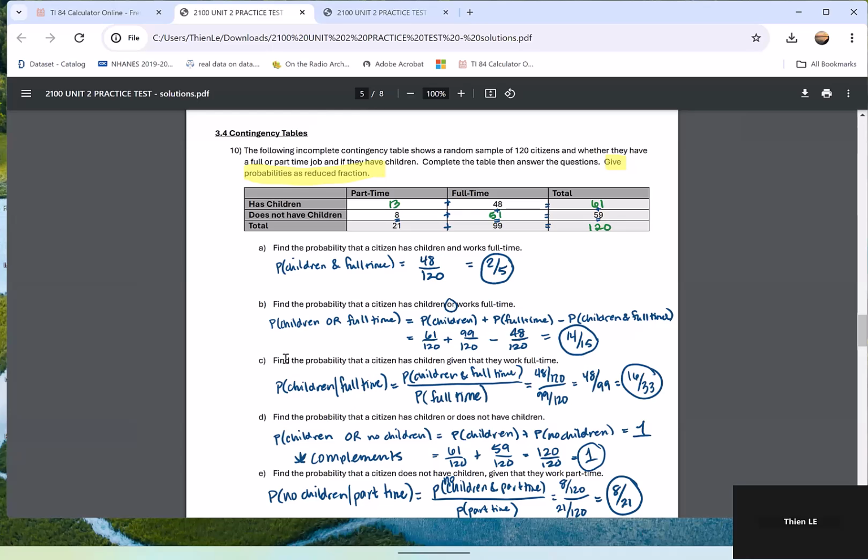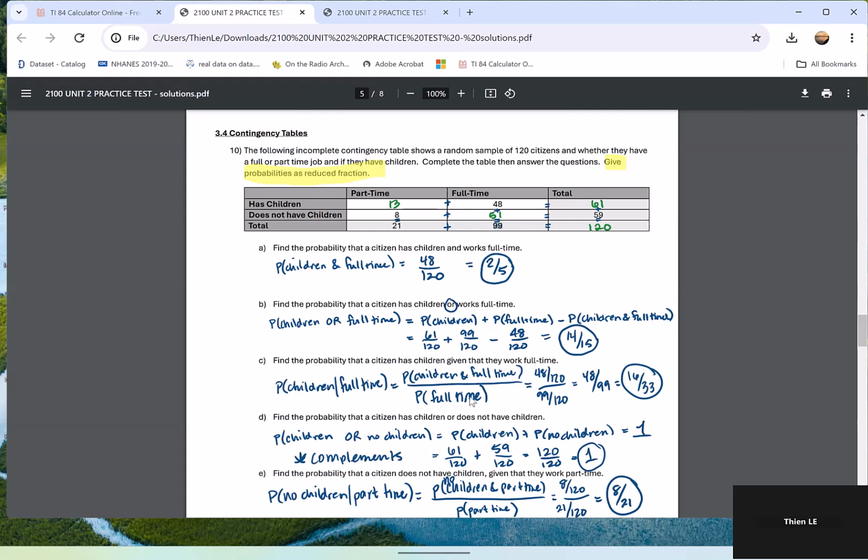Find the probability that a citizen had children given they work full time. Given they work full time, you constrain yourself to this space, 99 here, and have children, which you got 48. So 48 out of 99.